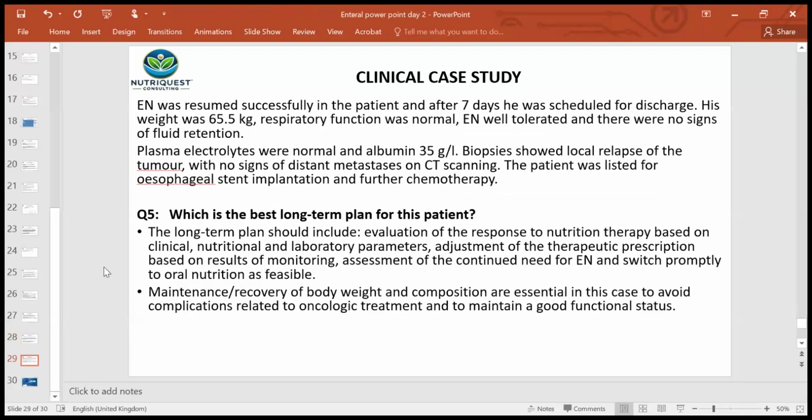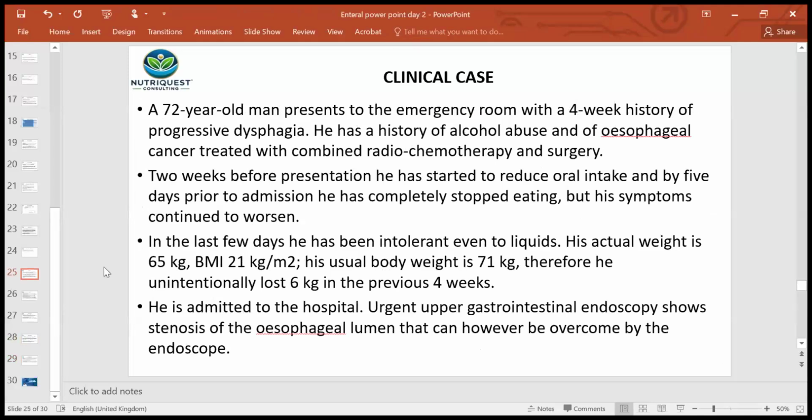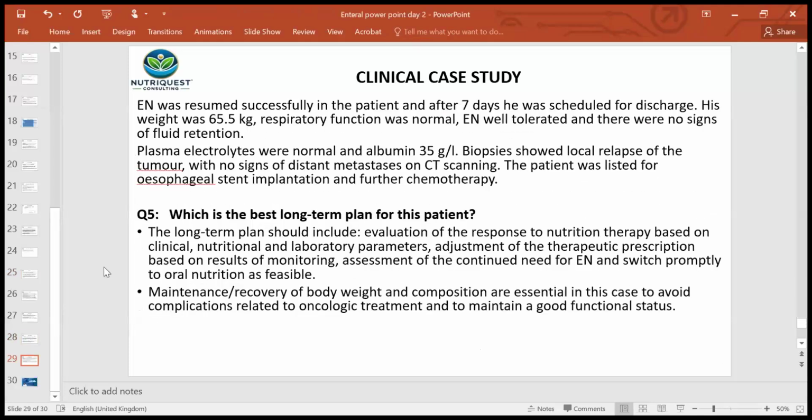Then enteral nutrition was resumed successfully in the patient, and after 7 days he was scheduled for discharge. His weight was 65.5 kg. So let's go back to the original weight, which was around 65. So at least we've gained 0.5 kg after 7 days, meaning we are within what we had said, 0.5 kg is okay.